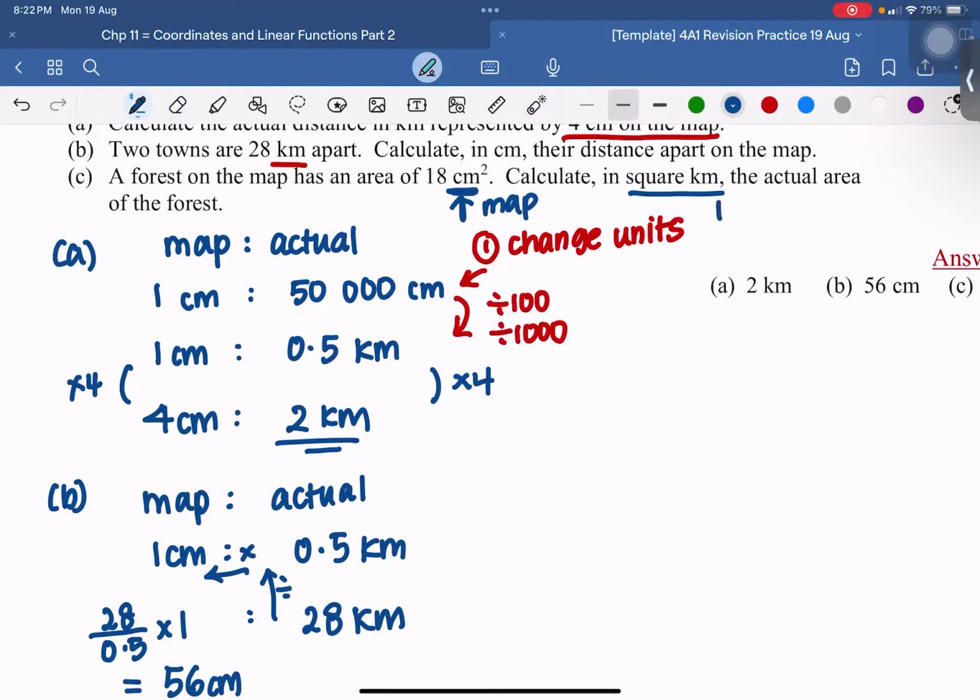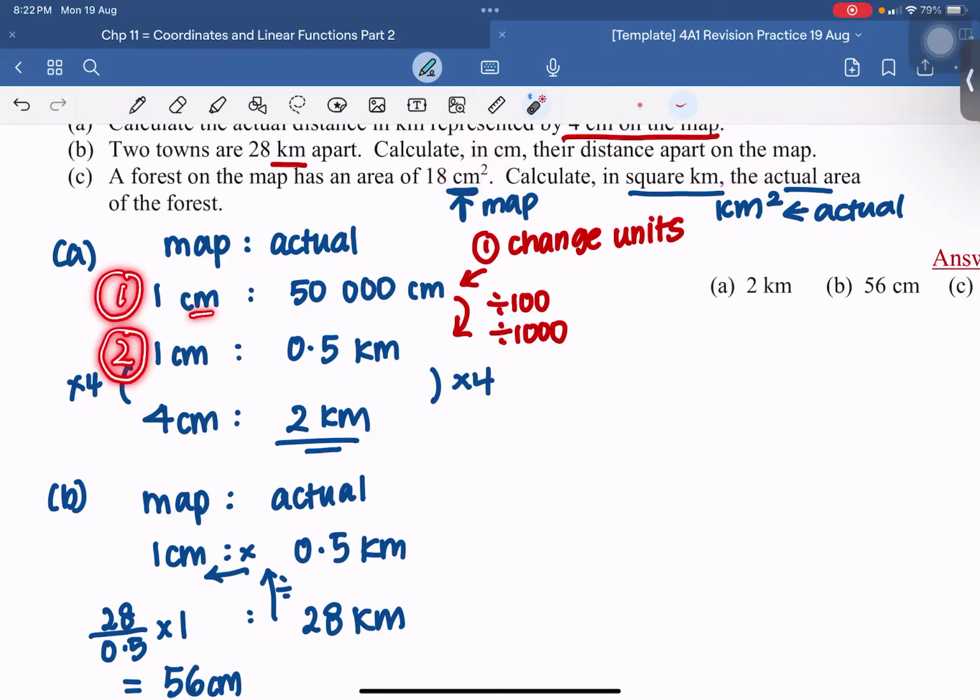So they want it in kilometers square. This is now going to be the actual. So this is for your actual, okay, the units. The units that they want are cm square, kilometer square. So what should I use? There are two ratios, number 1 and number 2. Number 1 is cm to cm, number 2 is cm to kilometer. I will use the one where the units match. Okay, so I'll use number 2.